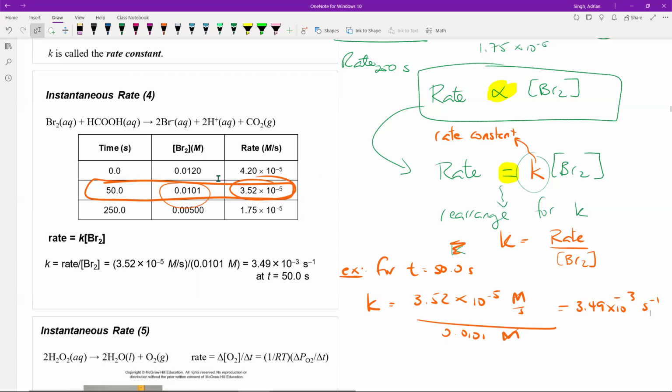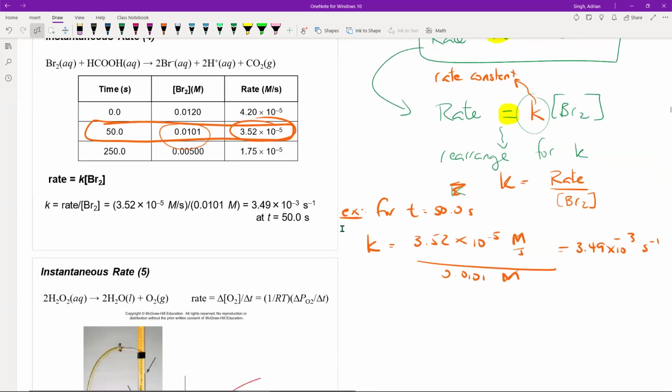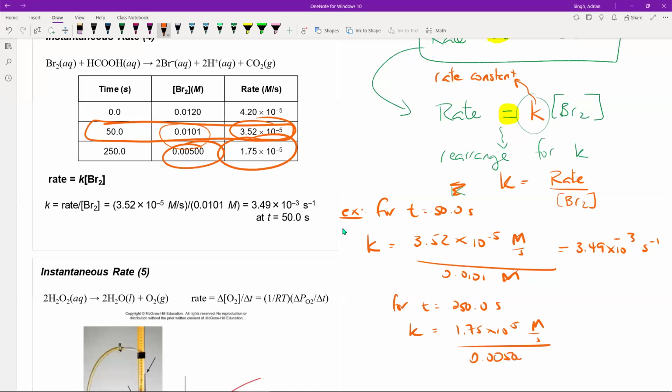I can do the same thing for the rate constant at, let's say, 250 seconds. For t equals 250 seconds, our k would be equal to the rate at that time, 1.5 times 10 to the negative 5 molar per second, divided by the concentration of Br2 at that point, which is 0.0500 molar.